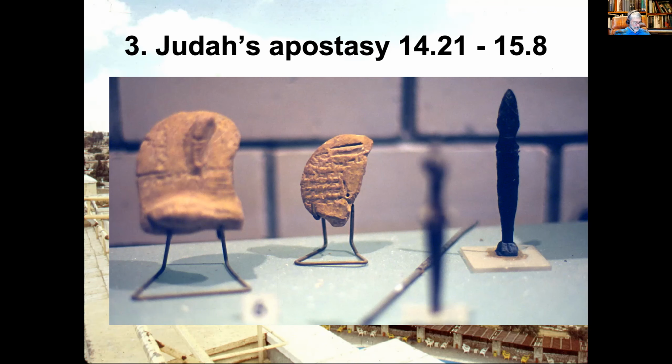His heart was not wholly true to the Lord his God, as the heart of David had been. Nevertheless, for David's sake, the Lord his God gave him a lamp in Jerusalem, setting up his son after him and establishing Jerusalem, so on and so forth. And so Abijam slept with his fathers, and they buried him.